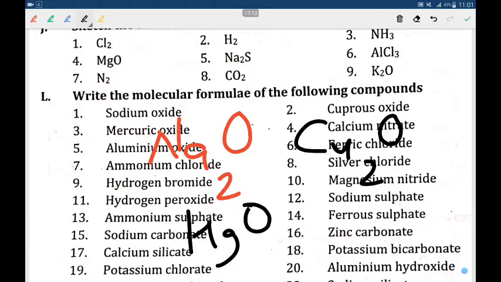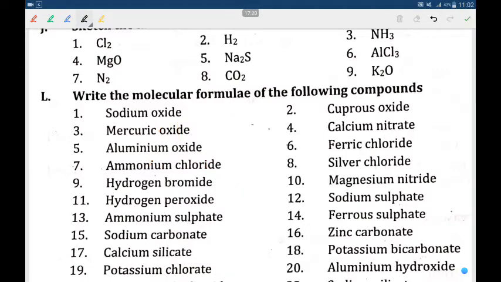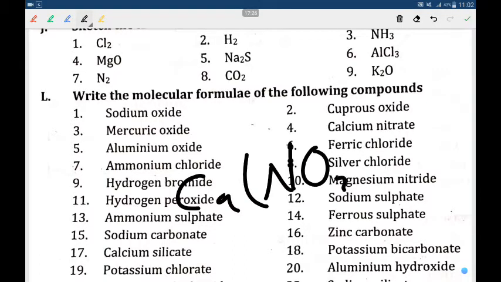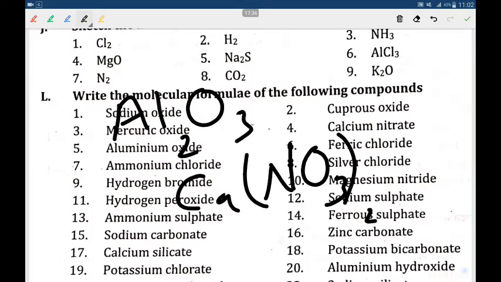Mercuric means 2 valency, mercurous 1 valency. Now calcium nitrate, Ca(NO3)2. Okay, calcium nitrate. That is aluminum oxide, Al2O3. Okay.